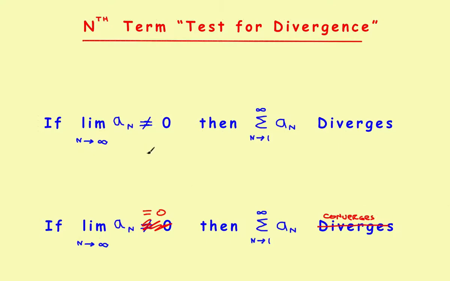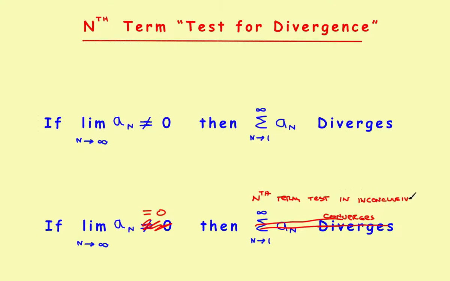So if you know that the limit of the sequence is not 0, you're guaranteed it diverges. But going the opposite is not true. But what is true is this: if the limit of the sequence is approaching 0, all that means is that the nth term test is inconclusive.